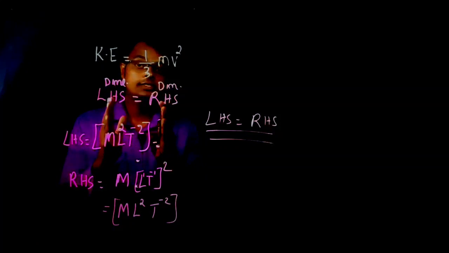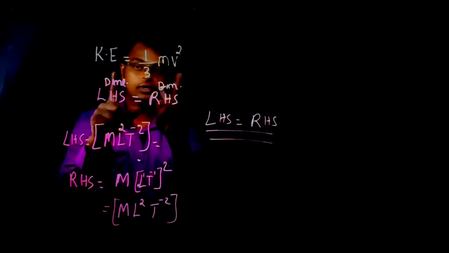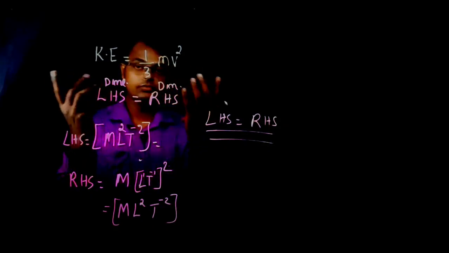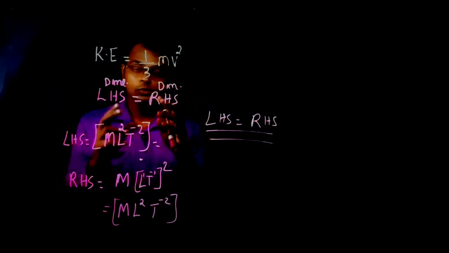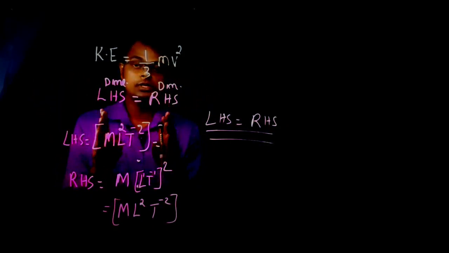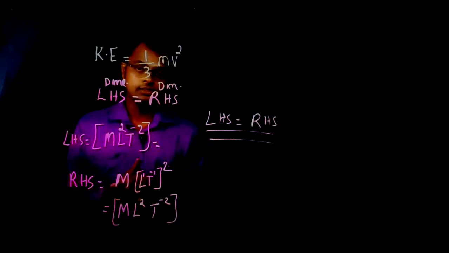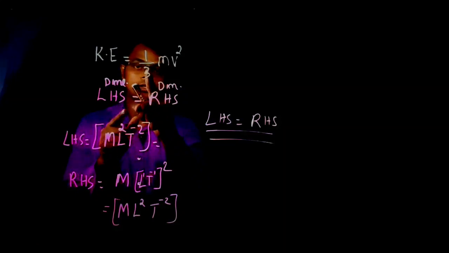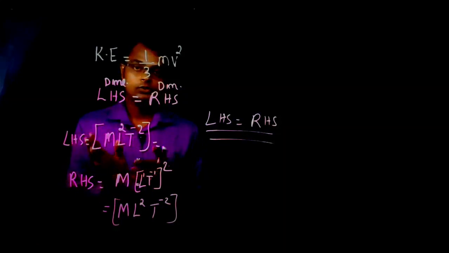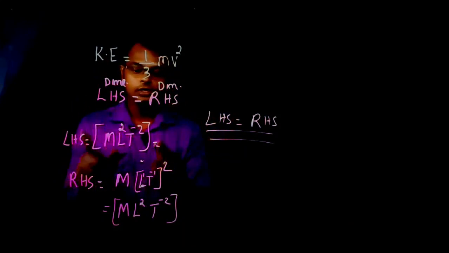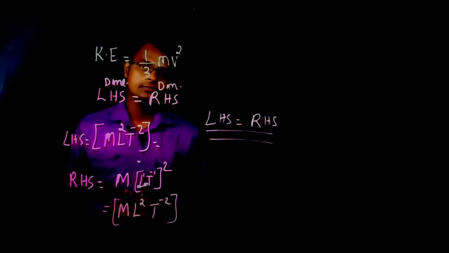We can only check the correctness of the given relation using dimensional formulas, but we don't know how to calculate the constant using dimensional analysis. So you can only check whether the dimensions of the physical quantities are equal on LHS and RHS. I hope it is clear for you.